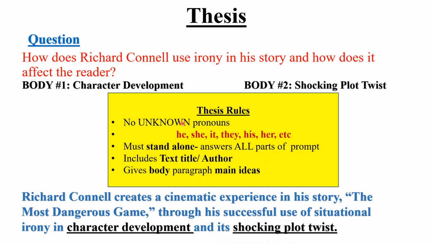So if you have any pronouns, you need to tell me what it is within a sentence. If I have this sentence right here all by itself, it's already a good answer. I don't have the question of like, wait, who said that? Oh, what kind of irony? Everything's right there. Now this thesis statement is going to be used in the last sentence of the intro paragraph. So this isn't the introductory paragraph, it's just the last sentence of the intro paragraph.